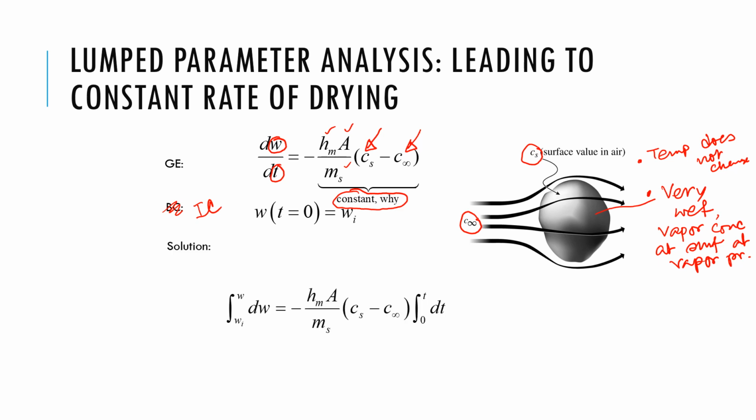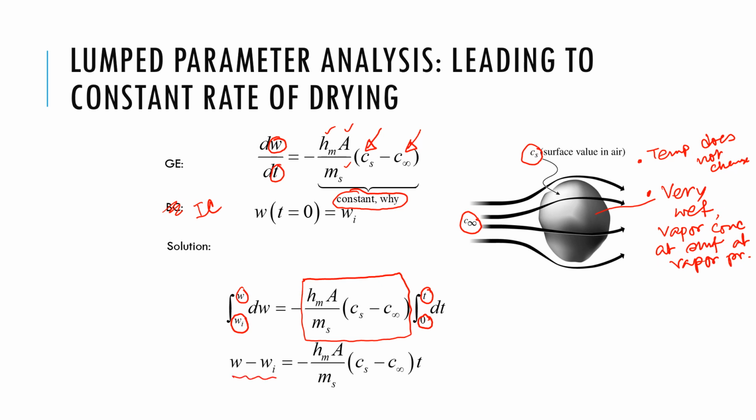So dW at time t equal to 0, we have the initial moisture Wi. At time t, we have W. And because all of these we said are constant, they're outside. And we can perform the simple integration. We see W minus Wi is equal to some constant times time.